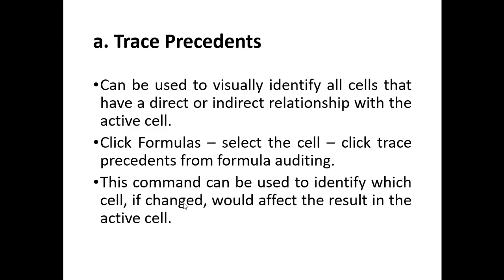What is your understanding? Using trace precedence, you can identify by changing which cells you can affect the active cell, or when there's a change in which cell that would affect the active cell. That is the kind of understanding you can get.